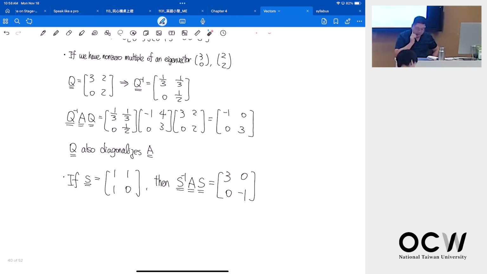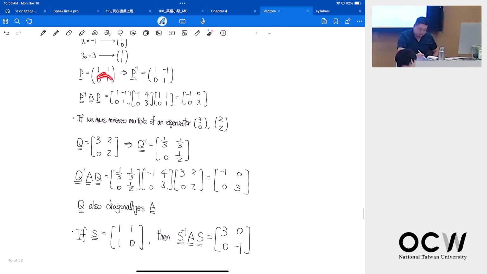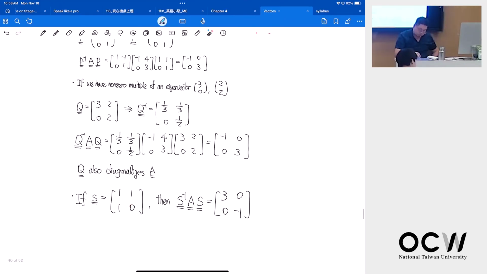Because now, observe, if I have a P with 1, 0 and 1, 1, for the eigenvector 1, 0, the corresponding eigenvalue is -1. Since it is in the first column, the first one is -1. The second one, 1, 1, the eigenvector, its eigenvalue is 3. So for this position, it should be 3. If I switch this order, 1, 1, their corresponding eigenvalue is 3, so they should put 3 first. 1, 0, their corresponding eigenvalue is -1.